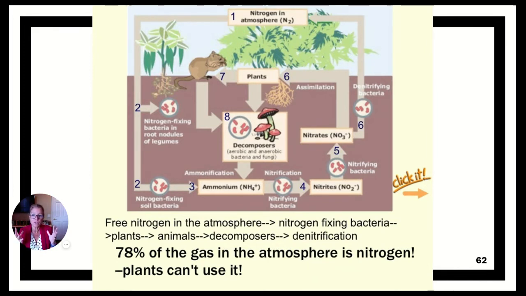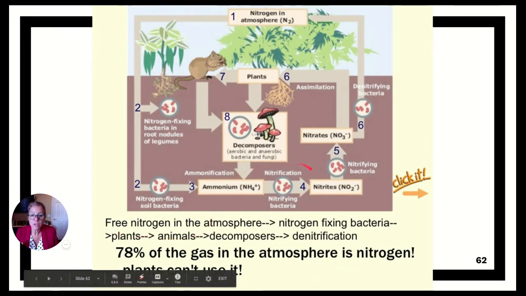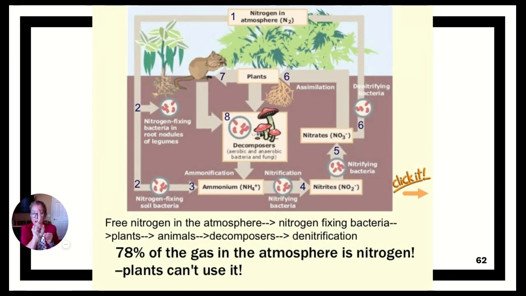Nitrification, and we need to keep these terms down. Look right here. This is when you take the ammonia and first it goes to nitrite, NO2 minus, and then more nitrifying bacteria take it to nitrate, NO3 minus. And that's what plants can use. On your notes for nitrification: bacteria convert NH3 to nitrite first, and then nitrate.